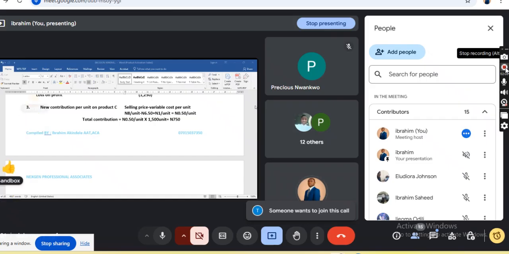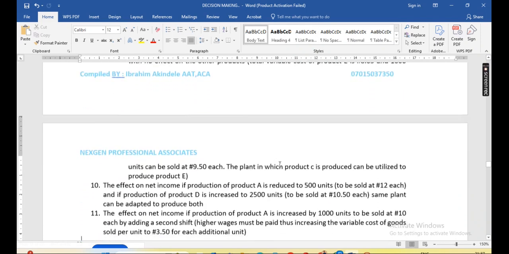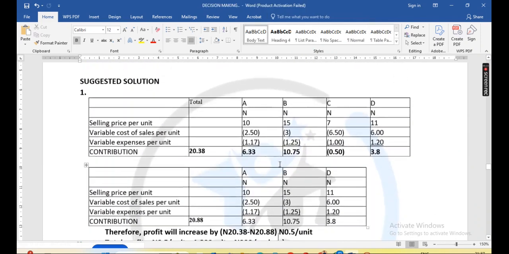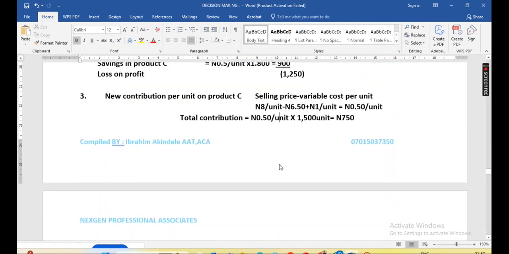Okay. Effect on net income, that is contribution. If product C sales price increased to 8 naira with a decrease in the number of units sold to 1,500 with no effect on other products, what is the existing contribution that we have, or we can call it old contribution?